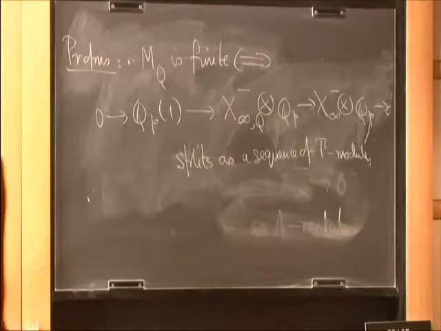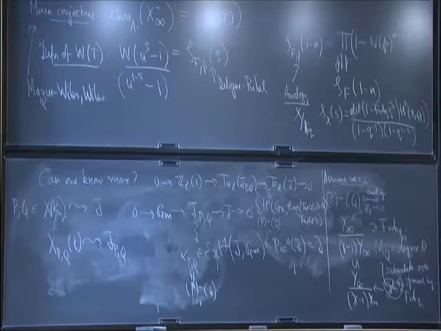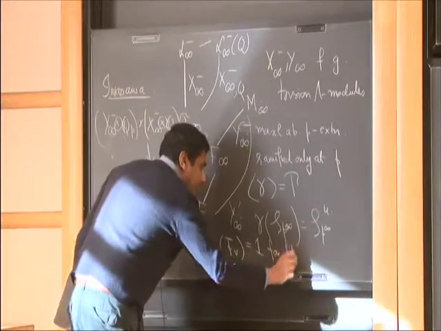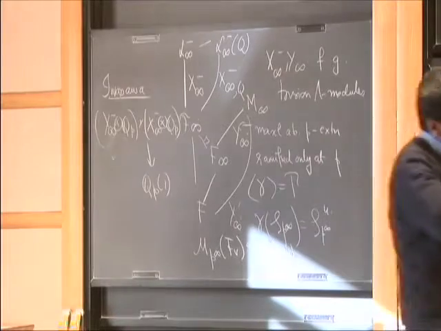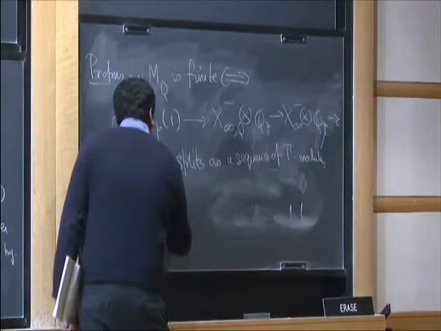Okay, let me make a further assumption here. I'm going to assume for simplicity that mu p infinity of F_v is equal to 1 for v dividing p. Okay, under that assumption, one can in fact show that M_Q is trivial. I should have given that exact sequence a name, so let me give it a name.